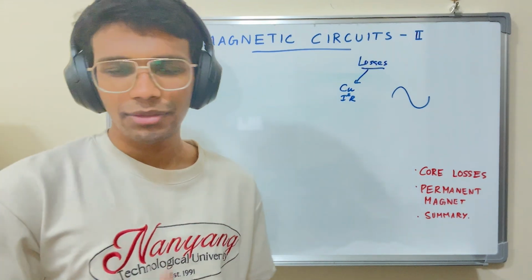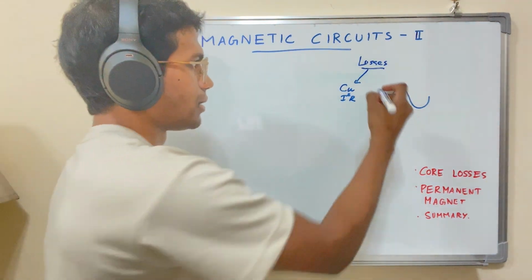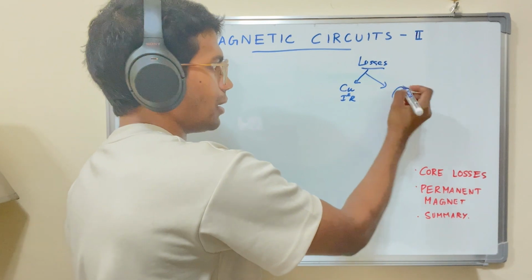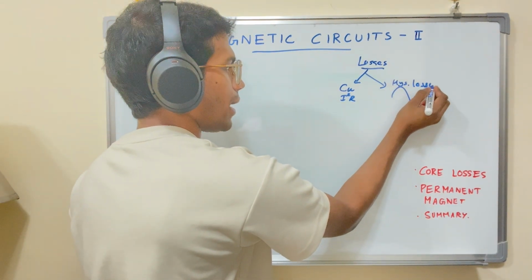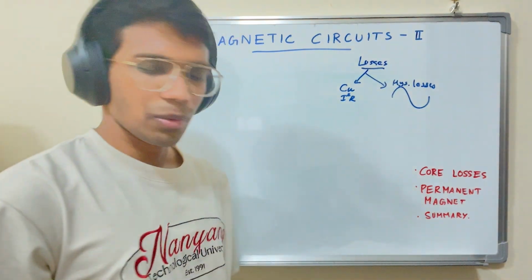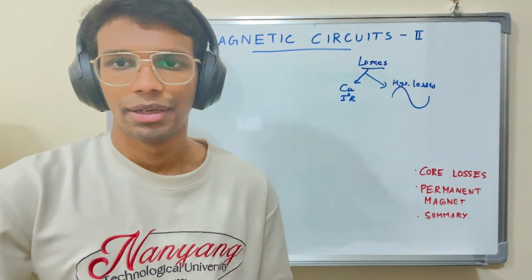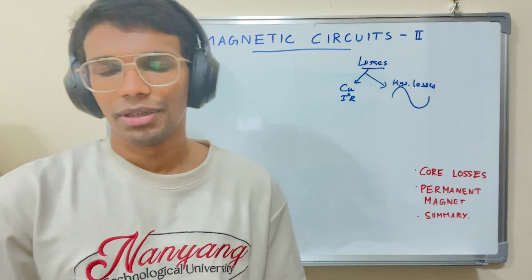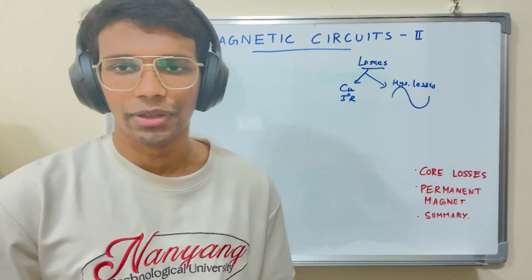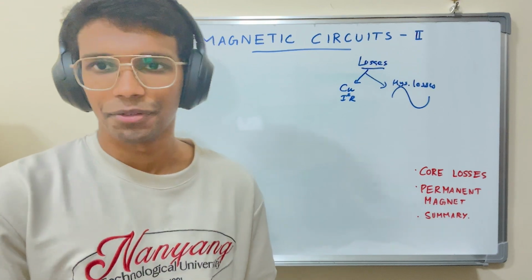So there are losses due to that, right? So I'm just going to write hysteresis losses. And then there's another component, which is eddy current losses, where eddy currents are induced within the bulk of the core, and we could deal with that or get rid of that using laminations. I'll come to that just after this.